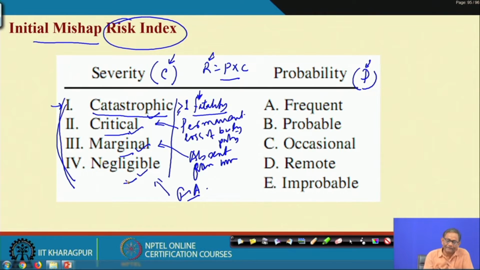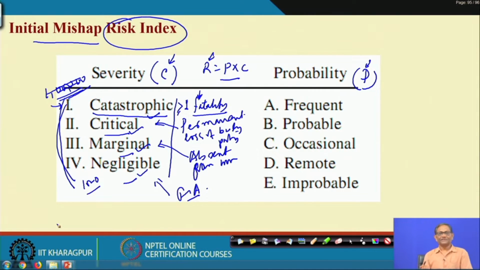For example, if an accident can cause suppose rupees 1 lakh or more, or if we say 1 million Indian rupees, then it may be catastrophic, but negligible if the ultimate loss is 1000 Indian rupees.